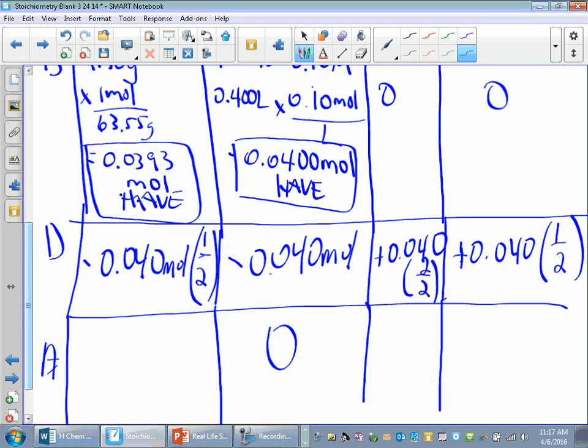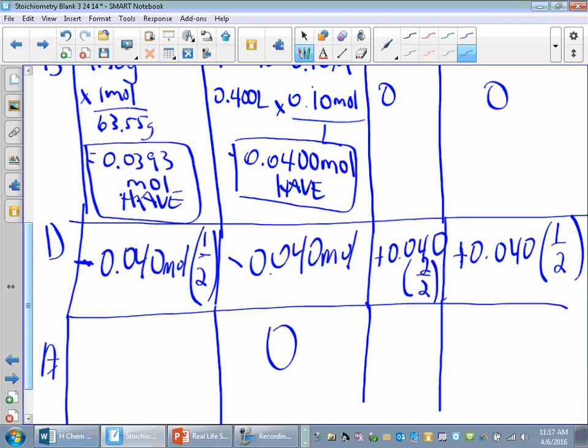So when you're doing the after first column, you don't take 0.0393, you take 0.074 and subtract. Because otherwise it equals like this? Not if you do it in a ratio of 1-to-2. Because with silver, this is how much you have of the silver nitrate, right?